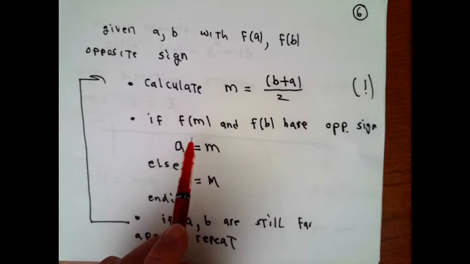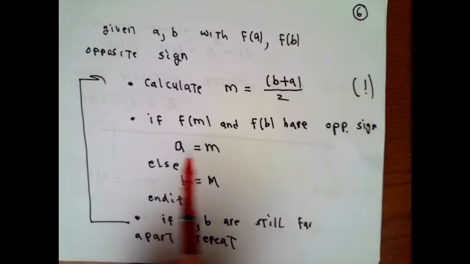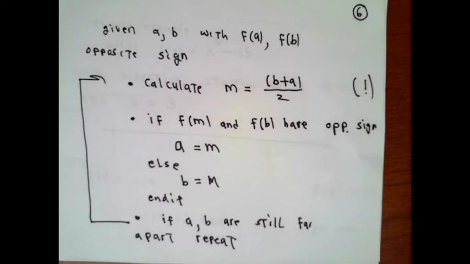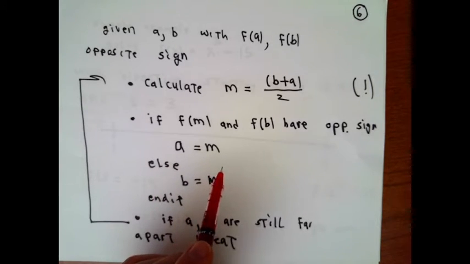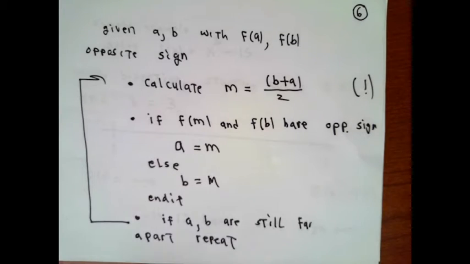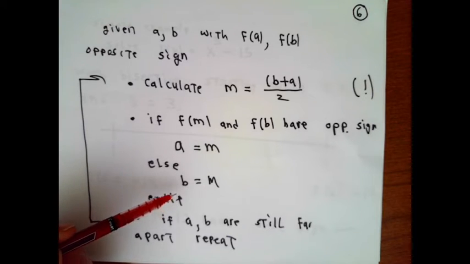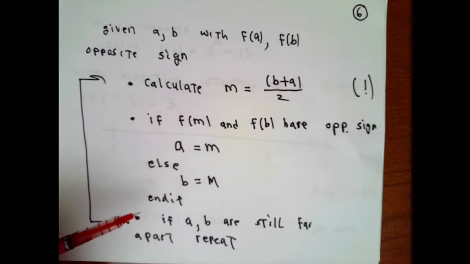If f of m and f of b have opposite signs, then there's a root between m and b. I'll set the left end of my interval to m, which makes my new interval the midpoint of the old one up to the end of the old one. If that's not the case, then I'll lower the b to the midpoint value. This is the end of the if-then-else clause.